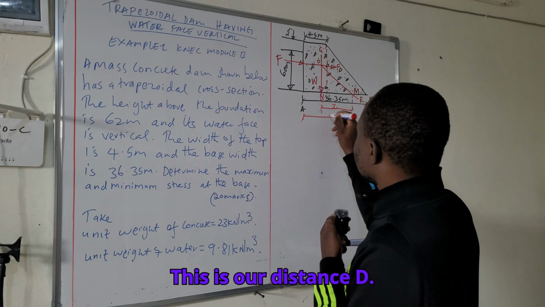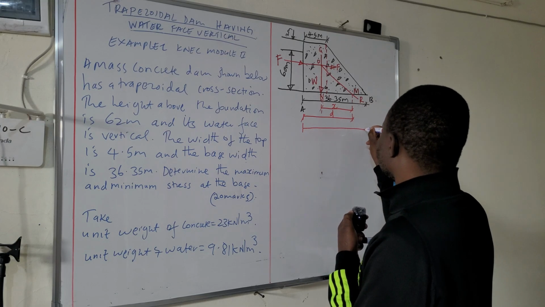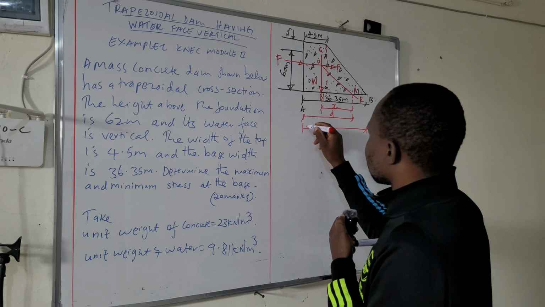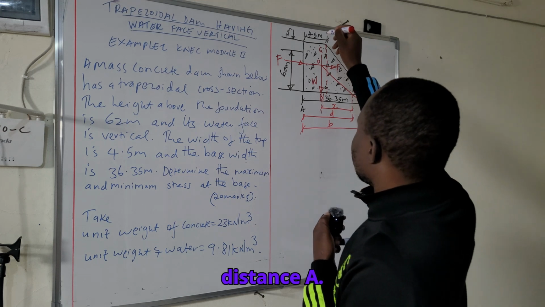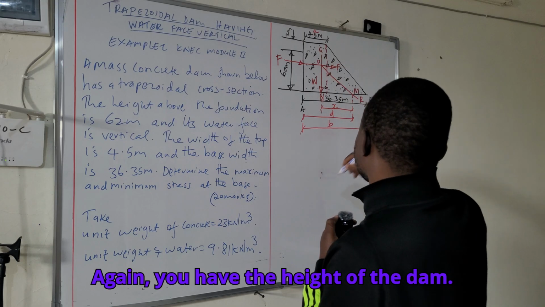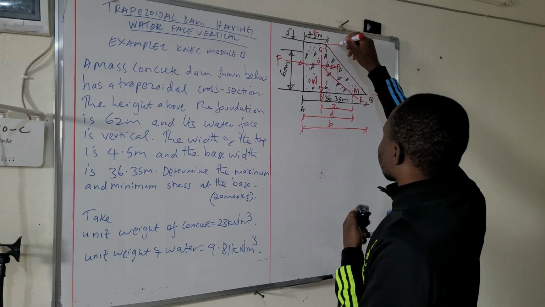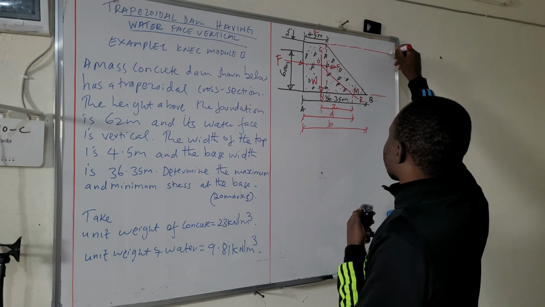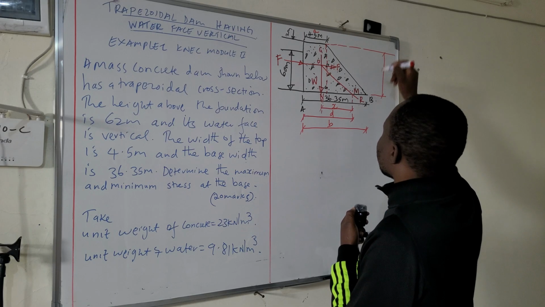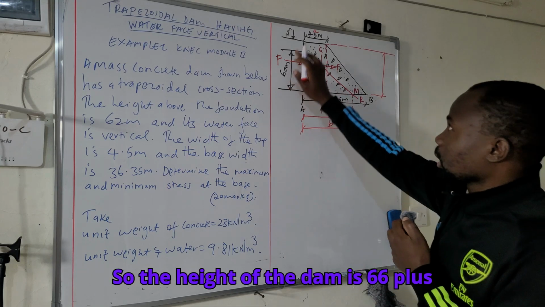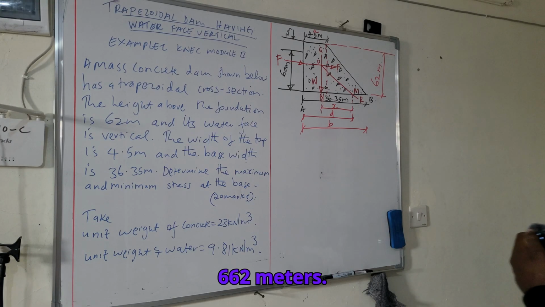This is our distance D, and then we have our distance B. That is B, and this is our distance A. Again, we have the height of the dam, which is 60 plus 2, so that is 62 meters.